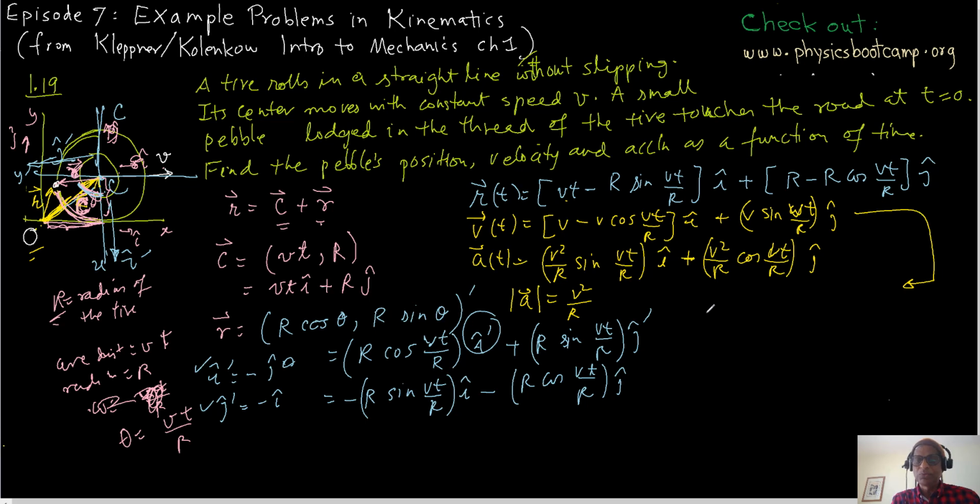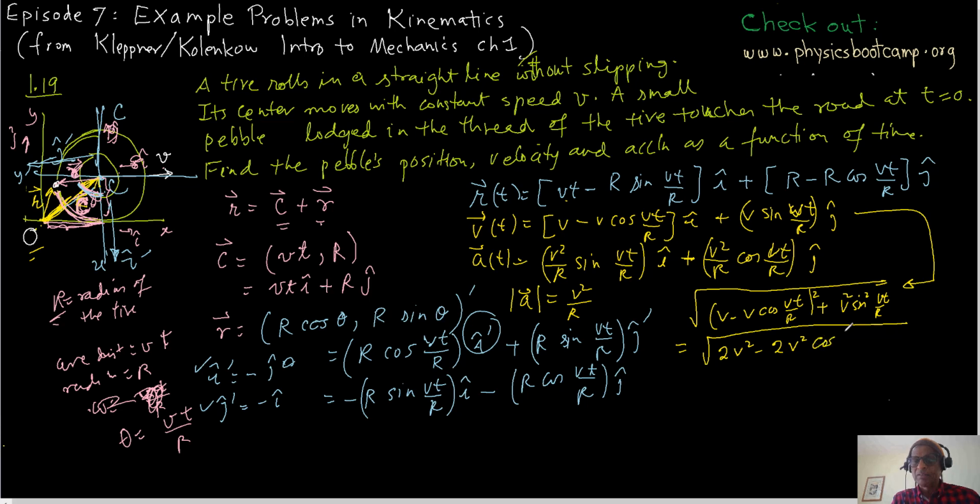So you'll have the square root of v minus v cosine vt over R, all squared, plus v square sine square vt over R. And you can see this square of this will combine with that, and so you can write v square plus v square, so it's going to be 2v square minus 2v square cosine vt over R. You can simplify further and use the double angle formula and things like that to simplify more.